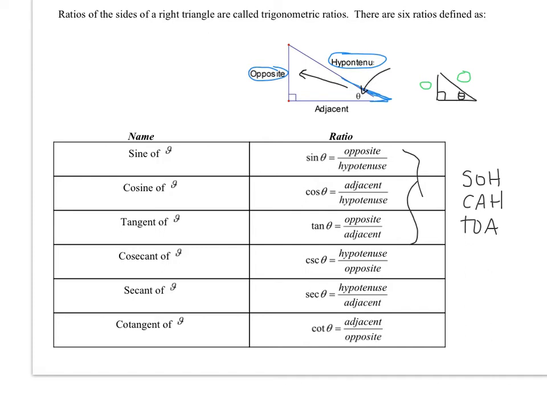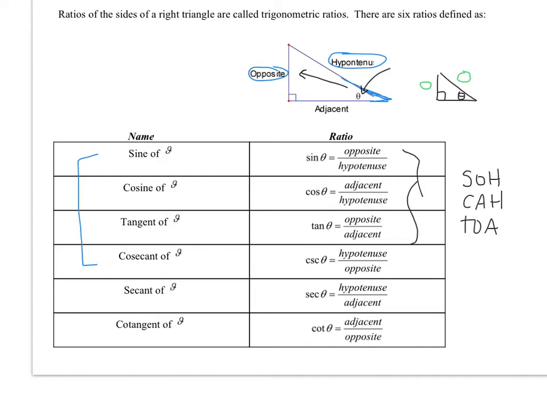The last three are new ones, but really all they are is just the flips of the first three we have. The first one we see is cosecant, which is abbreviated CSC. The cosecant of an angle is just the flip of sine, so instead of being opposite over hypotenuse, the cosecant is hypotenuse over opposite. This relationship between sine and cosecant is called a reciprocal relationship because they're just flips.